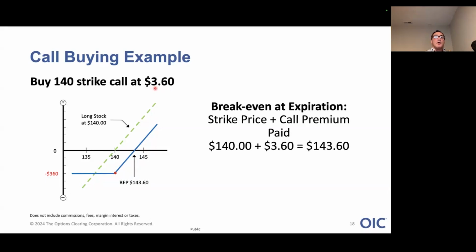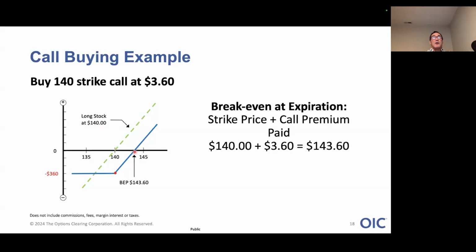If I buy this 140 level call for $3.60, it's going to cost me $360 to own this contract. But as you can see, in comparison to buying 100 shares for $14,000, that's a considerable cost saving.